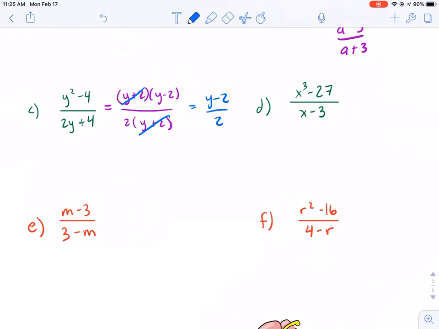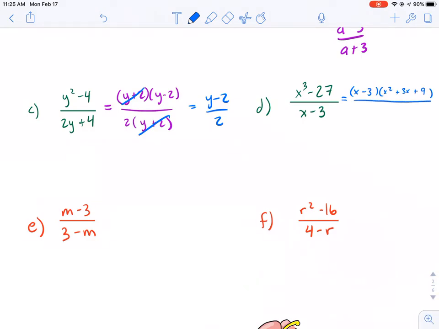Next one, we have difference of cubes. We recognize that this is a cube, this is a cube, so we're going to take the cube root of both those and put it into our cube root formula. So we have x minus 3, because it's difference of cubes, x squared plus 3x plus 3 squared, which is 9.